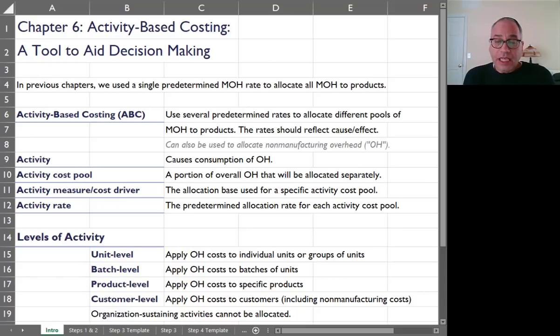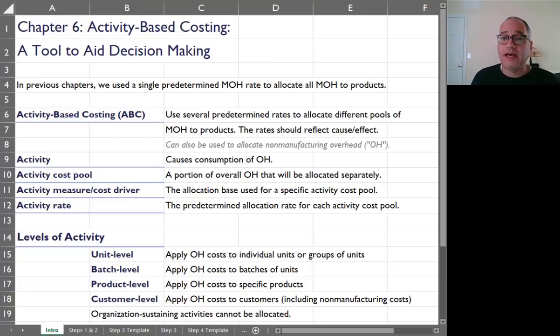And for each pool, we're going to identify some kind of activity measure or cost driver. I like the term cost driver better. And then that's going to be what drives that cost. And we'll establish an allocation base. I'll talk about how to do that in a few minutes, with a lot of specifics so this is a little more clear. And create an activity rate.